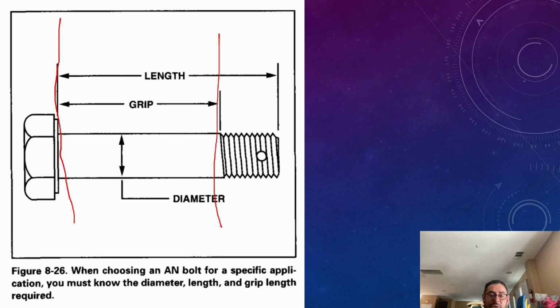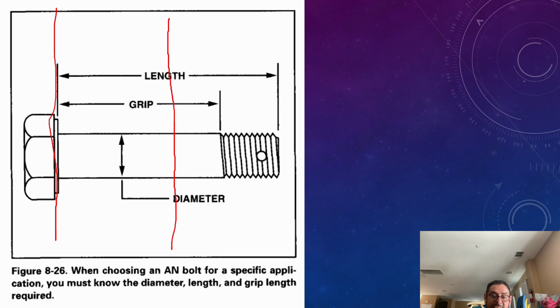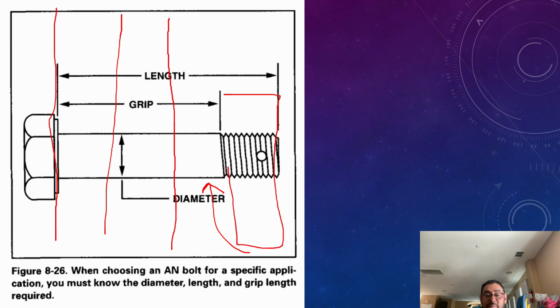Now, if you're working with materials that are not as thick, you might end up with something that looks like this, where the two sheet metals will run this length. But notice how you're going to be short right here. So when you put your nut here, you're not going to have enough. So you have to be mindful of that.